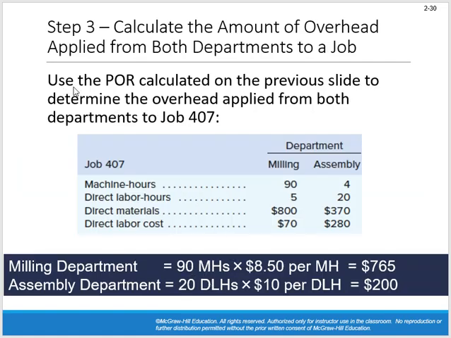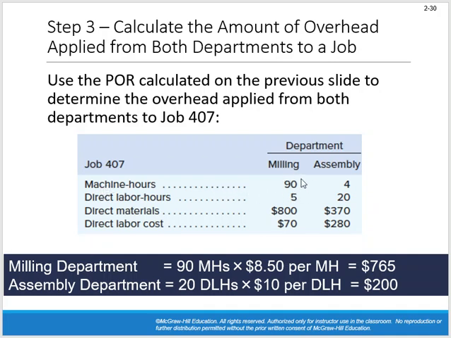So we're going to use that predetermined overhead rate that we just computed, and we've tracked data for job 407. There's machine hours for milling and assembly, direct labor hours for milling and assembly. Take note of those. Notice the milling department chose machine hours as their allocation base.